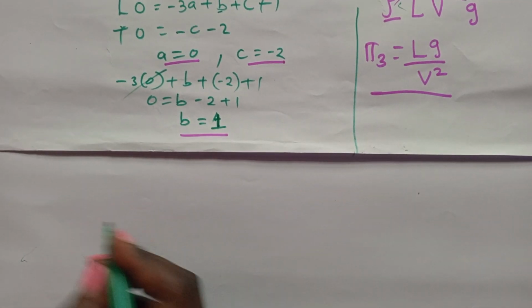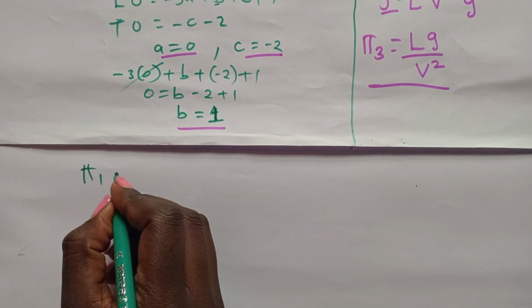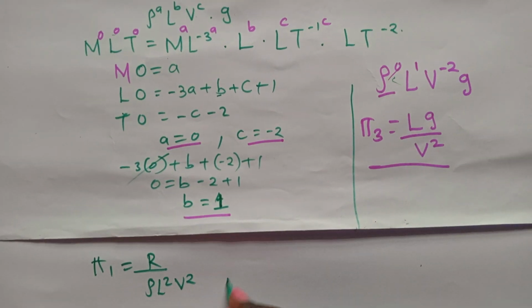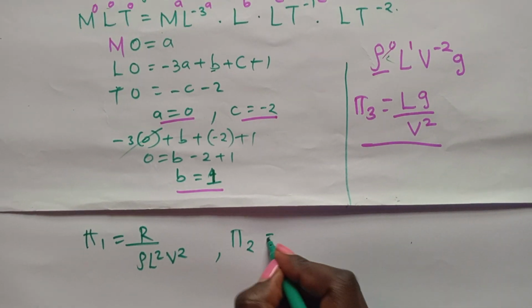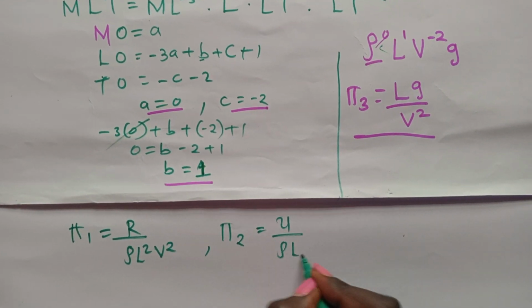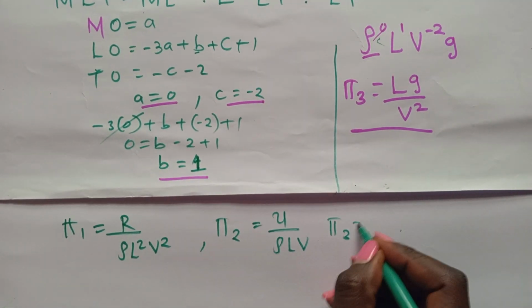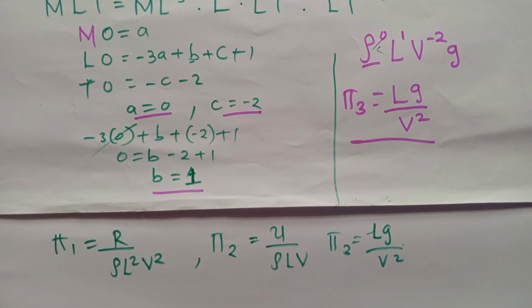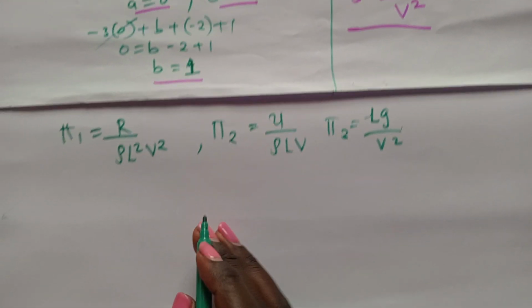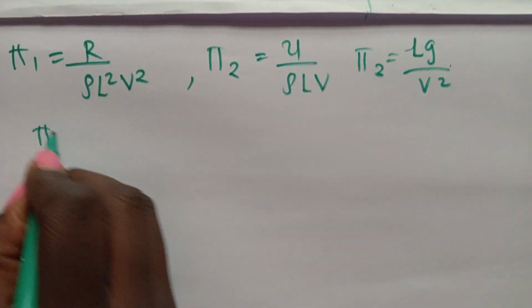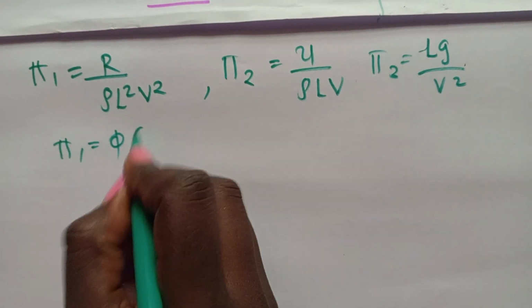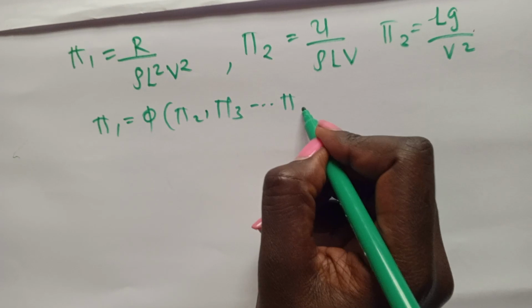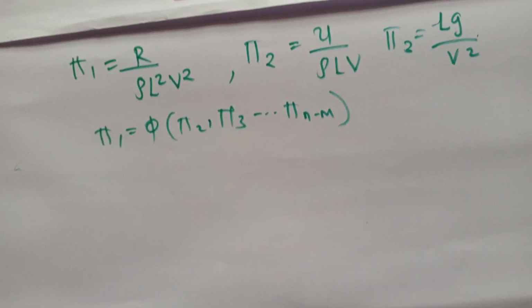Now let's bring in all our pi terms. We had our pi 1 as R over rho L squared V squared. Our pi 2 as mu over rho L V, and our pi 3 as L G over V squared. So remember we said we are putting our formula now as pi 1 is a function of pi 2, pi 3, all the way to pi n minus m in this manner.